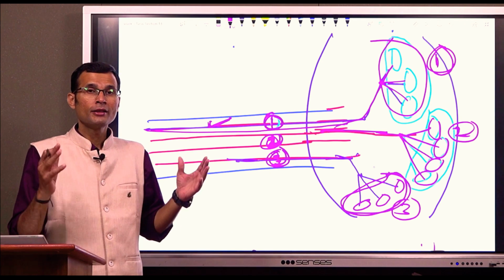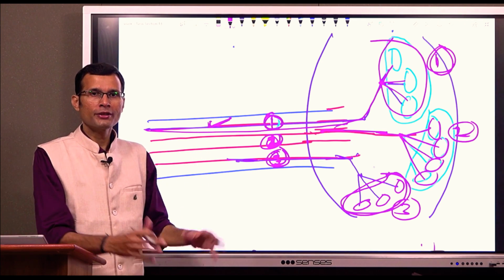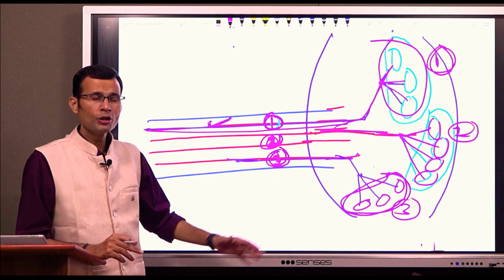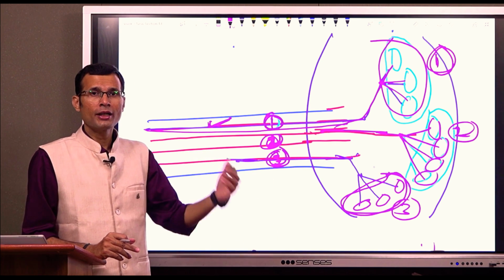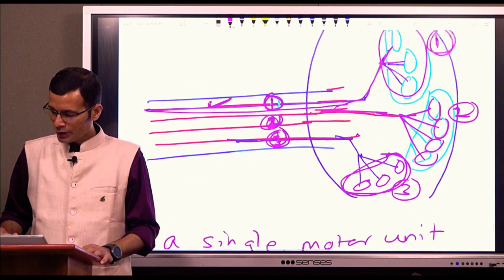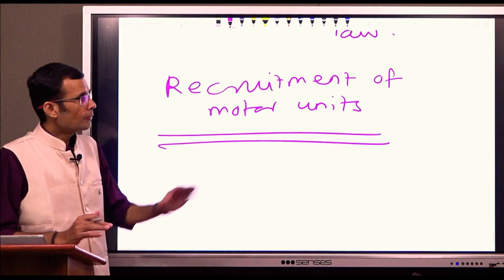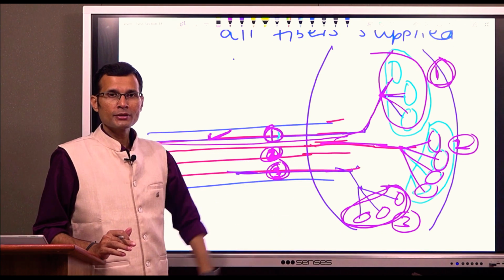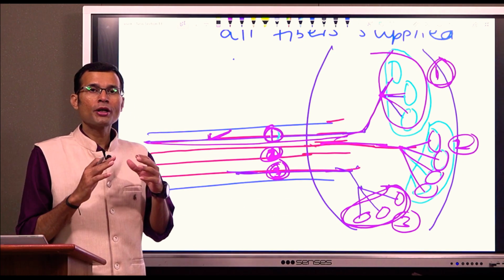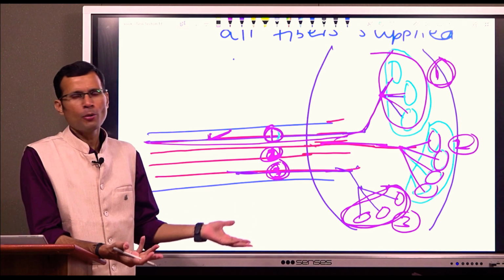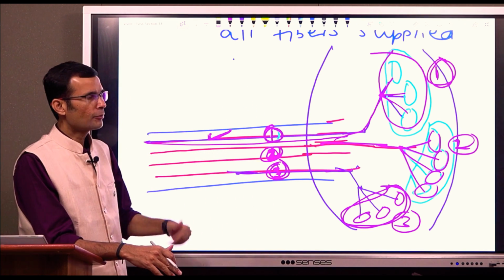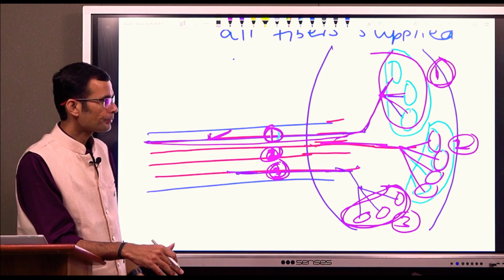So this is called as recruitment of motor units. They will be recruited into the contraction, and therefore contraction can become stronger and stronger and stronger. And when all motor units are contracting in this muscle, that will be the strongest possible muscle contraction, obviously, because all motor units have been recruited. Muscle contraction cannot become stronger than that.